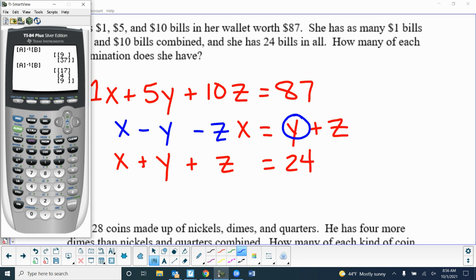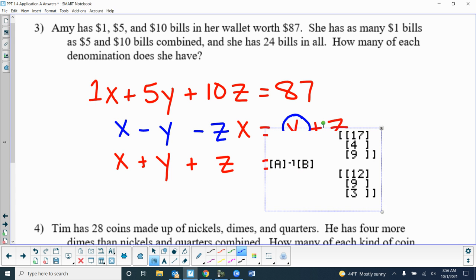Go back into the B matrix, edit, remember, number 2, and I got 87, 0, 24. Second quit, second enter to get that to show up, hit enter. So we got 12 1s. It'll come over.